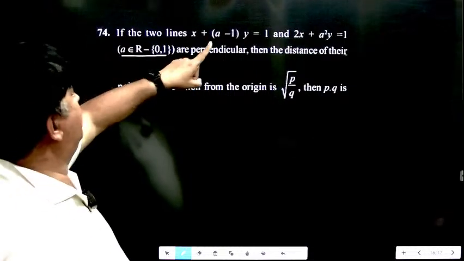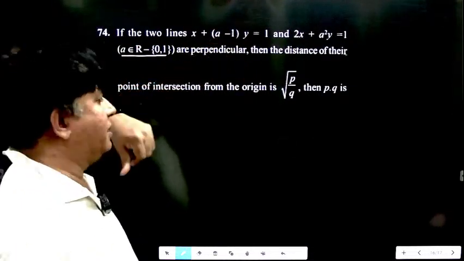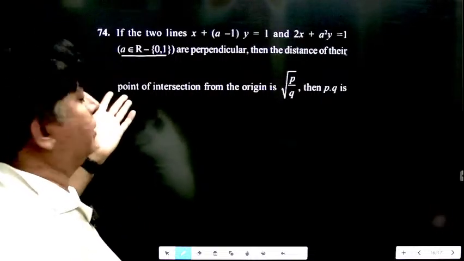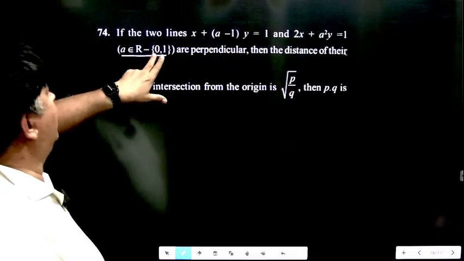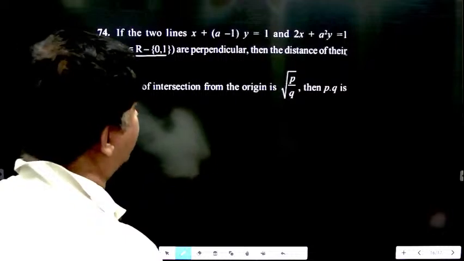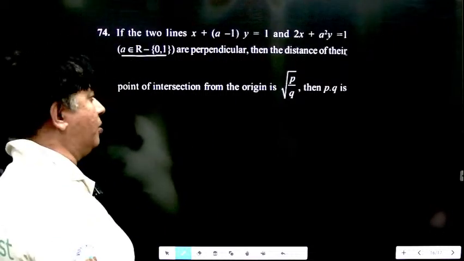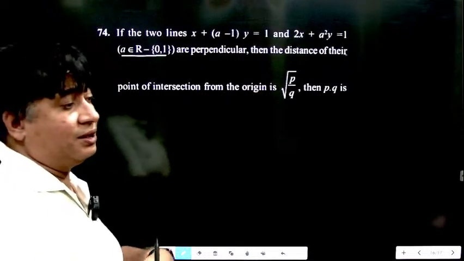Because if I put 1 instead of a, I will get a valid result. Why then? The question has suggested us to exclude 0 and 1. So let us proceed according to its course, and let's see up to what extent we can reach.